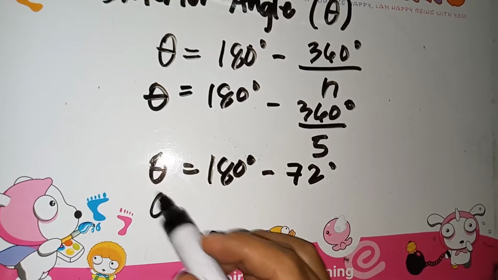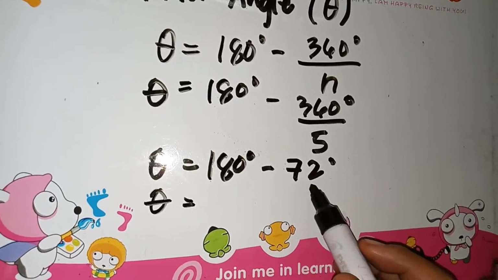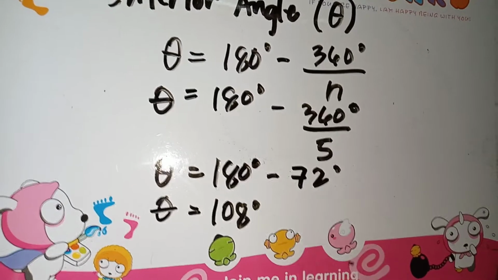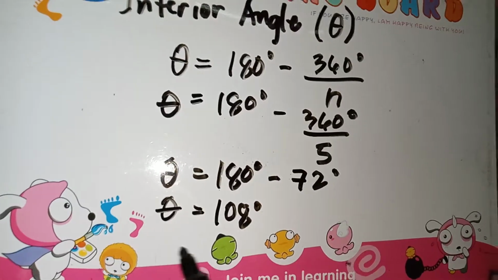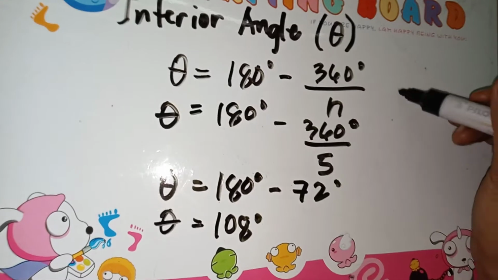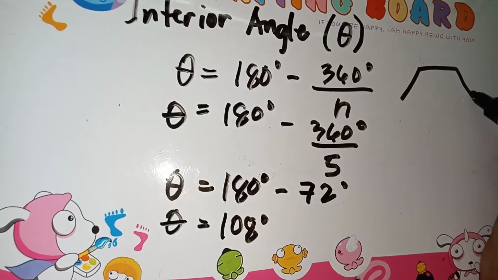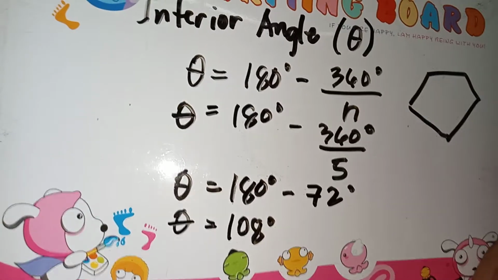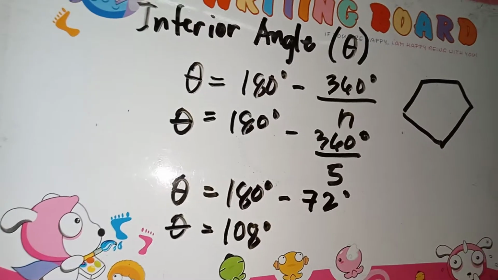Then theta is now equal to 180 minus 72, which is 108 degrees. So for our pentagon, the measure of its interior angle will be equal to 108 degrees.